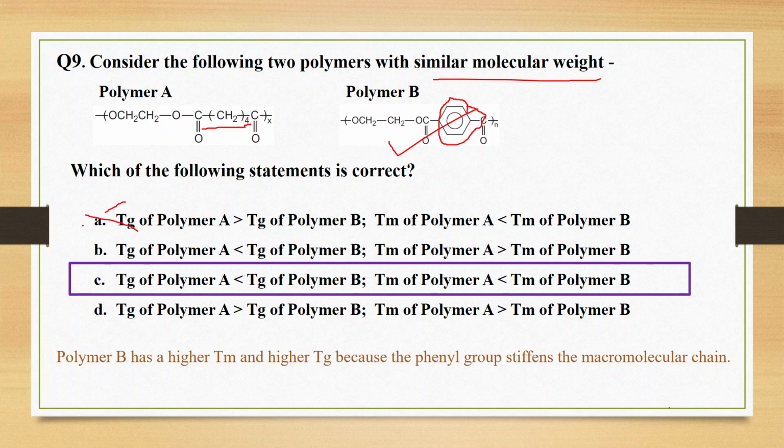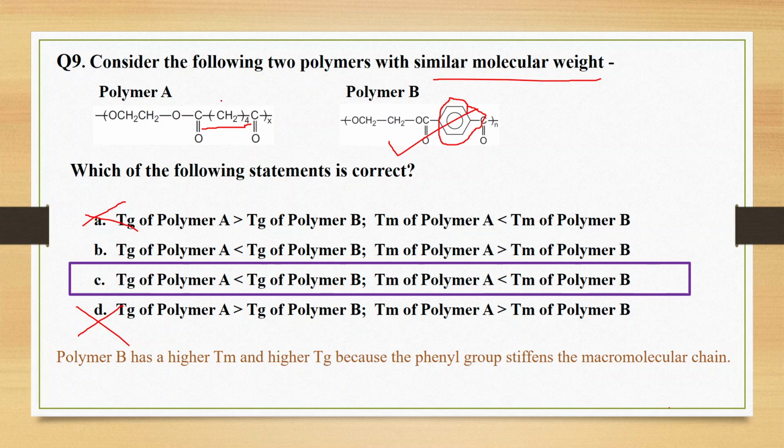So at the very beginning you can cross out these two options. Now coming to the melting temperature, the reason is the same, because melting temperature means you have to take the crystalline domains to a flowy liquid state. Whenever there is more stiffness, there is a greater tendency to form crystals.